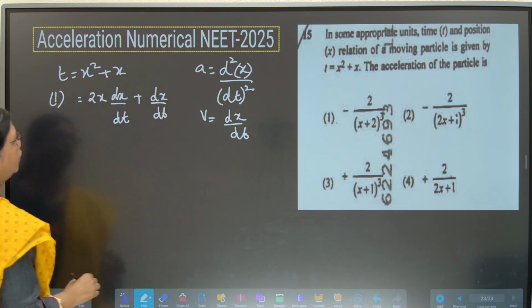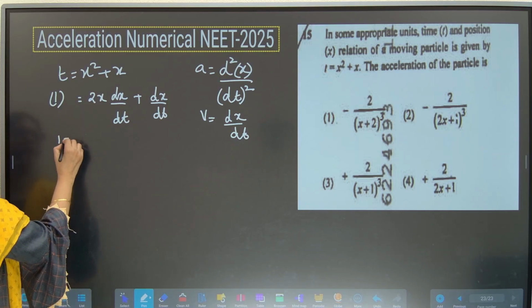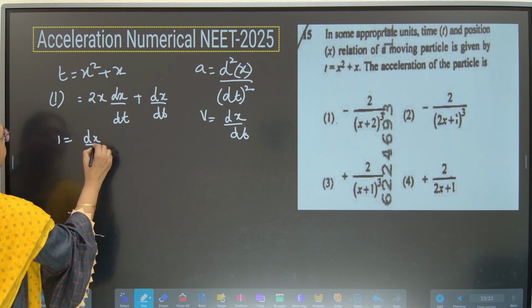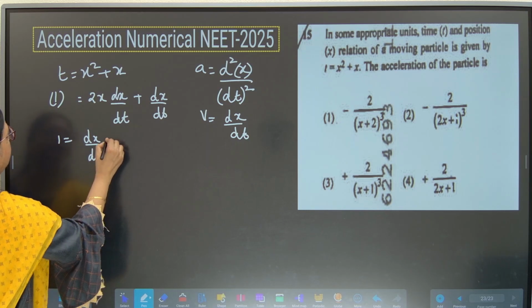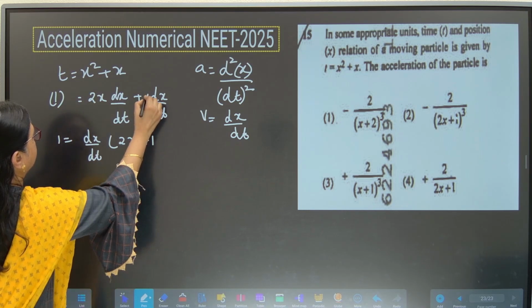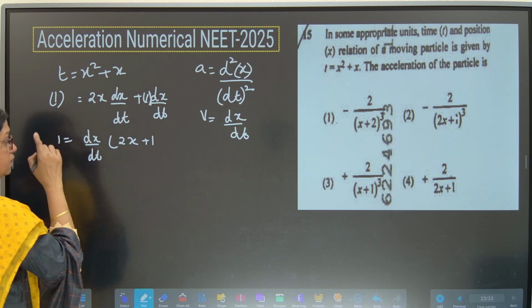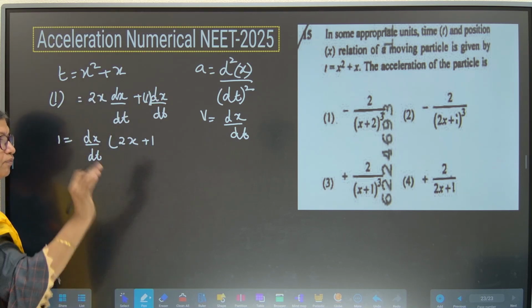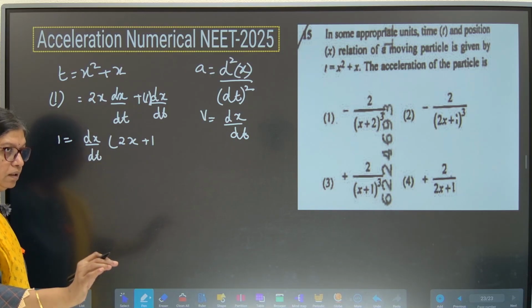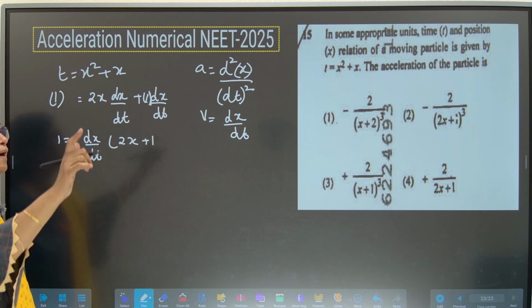Now I want dx by dt, so I take dx by dt common. What is left out? 2x plus 1. Let me write 1 here in the bracket, so that it is understood as the differentiation of x. Differentiation of any variable is 1 without a power or with a power 1.